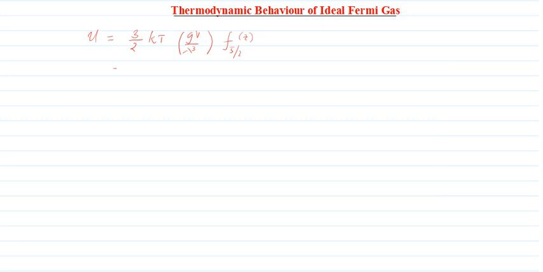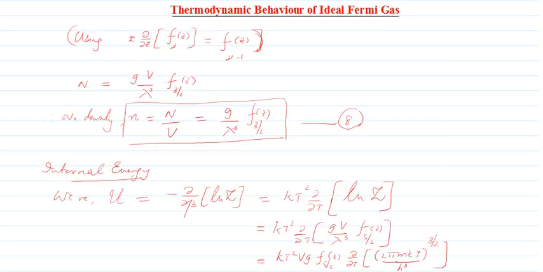It can be written as 3/2 kT into gV/λ³, and from the previous expression we can write that in terms of the number of particles, that is N divided by f_{3/2}(z).